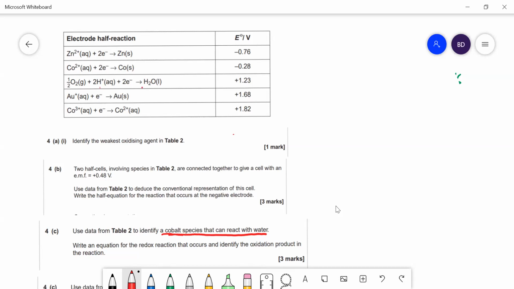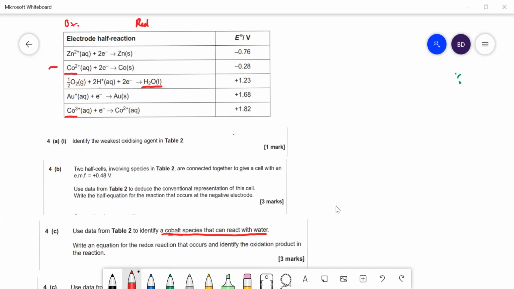Well, we've got water here. So water there, that's on the reducing side, isn't it? So that's got to react with something on the oxidizing side. We've got two cobalt species on the oxidizing side here: cobalt 2+ and cobalt 3+.